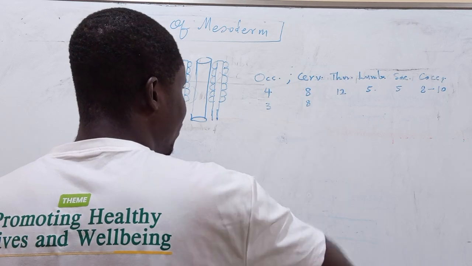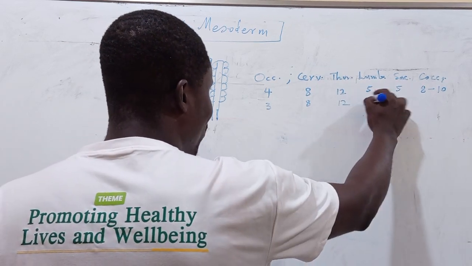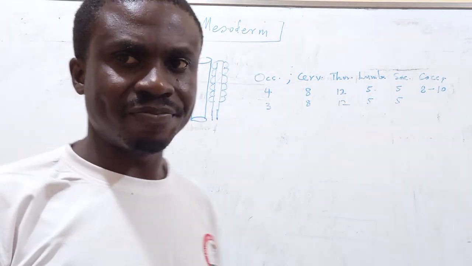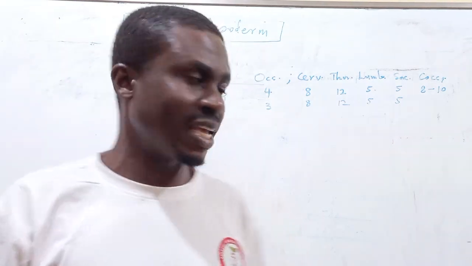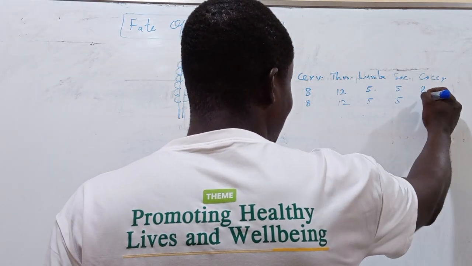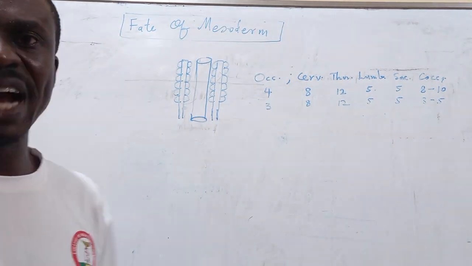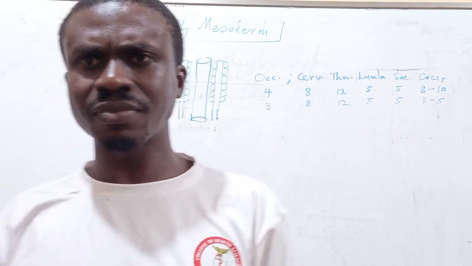The cervical region will not change, the thoracic will not change, the lumbar will not change, the sacral will not change, but in the coccygeal region, as I told you, 5 of these somites will disappear in the caudalmost region. That is why we'll have 3 to 5. And these will be the definitive somites that we eventually have.